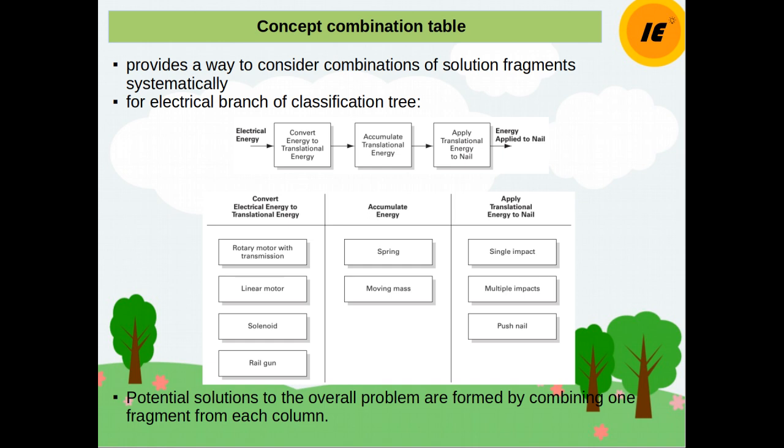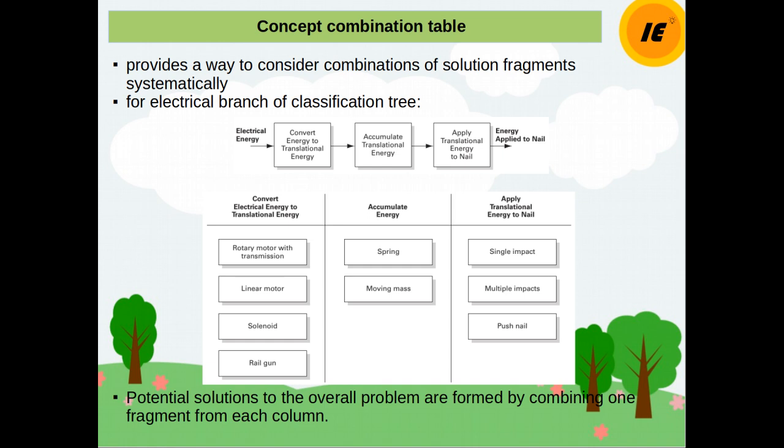This kind of refinement of the function diagram is quite common as the team makes more assumptions about the approach and as more information is gathered. So here you can see how the classification tree is related to the concept combination table.